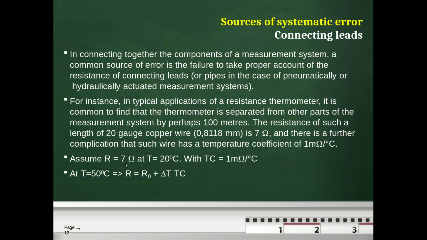So if I have R equals 7 at temperature 20, then with TC 1 milli ohm over Celsius, I have R0 plus a changeable value according to the temperature in the room where I make the measurements.